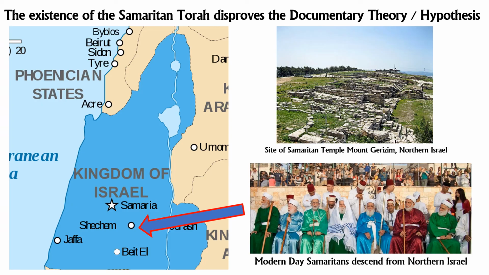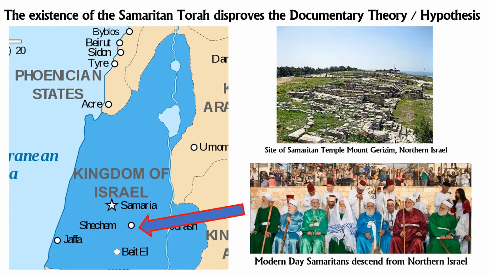Now, the significance of this group is that they come from a place called Shechem, which is basically an area that in modern times is called Nablus in the Arab region. Now, they are the best representatives in the modern day of the descendants of the Israelites who lived in the north, a part of the kingdom of Israel, that northern kingdom that broke away, and that, according to the documentary theory, are the originators of the E text.